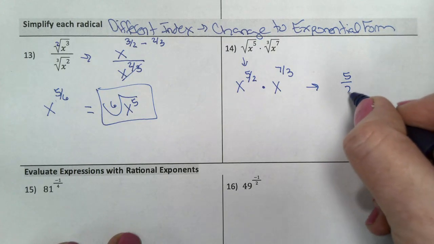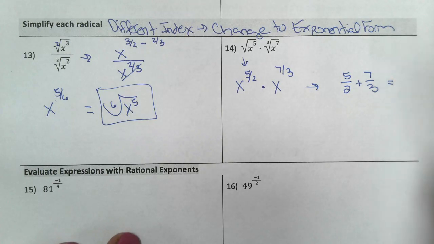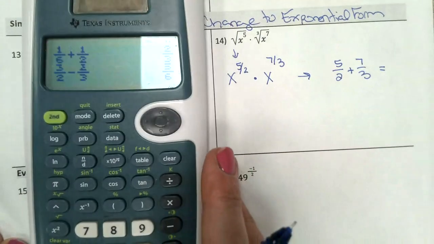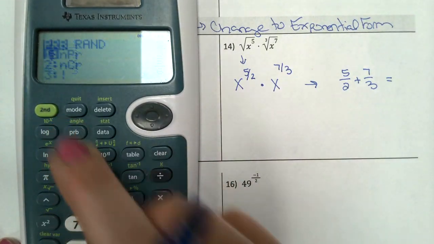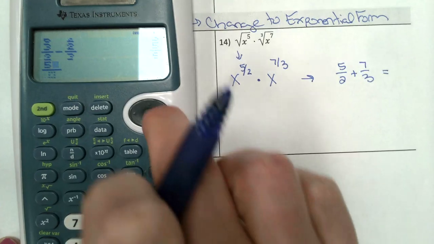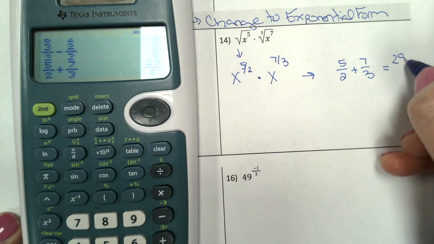So I'm taking 5/2 plus 7/3, which is 29/6.